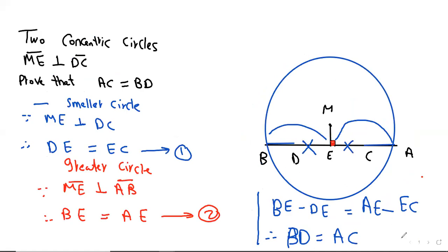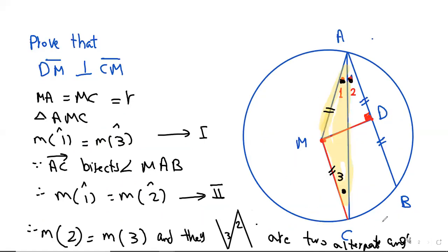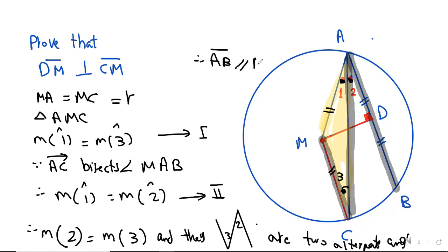So if they are two alternate angles and they are equal, this side here is parallel to this side because they are equal. Angle 2 equals angle 3. Then AB is parallel to MC.